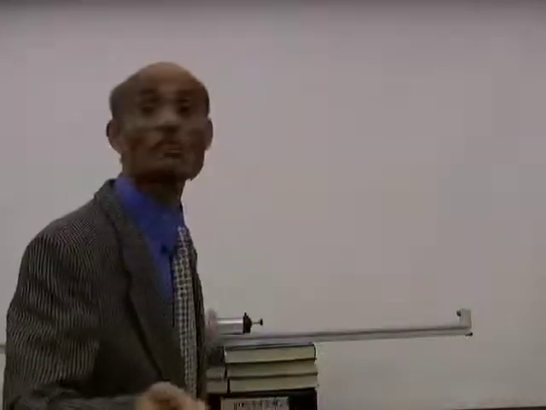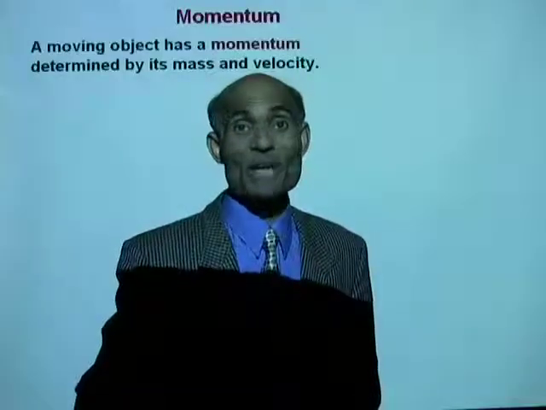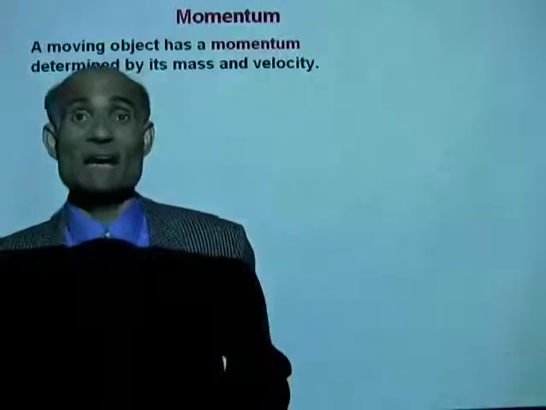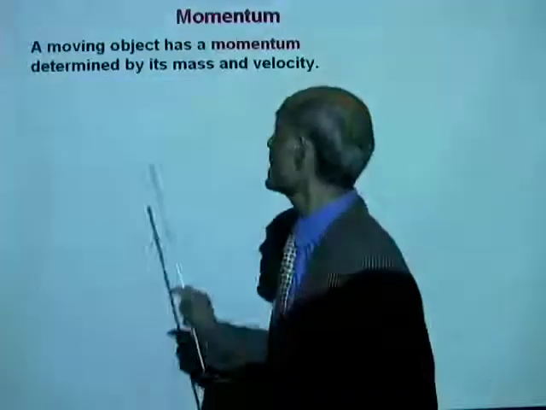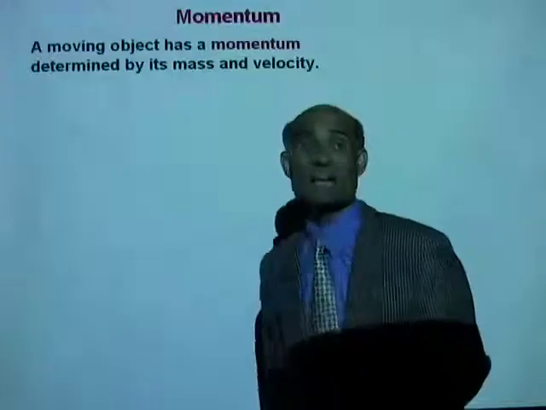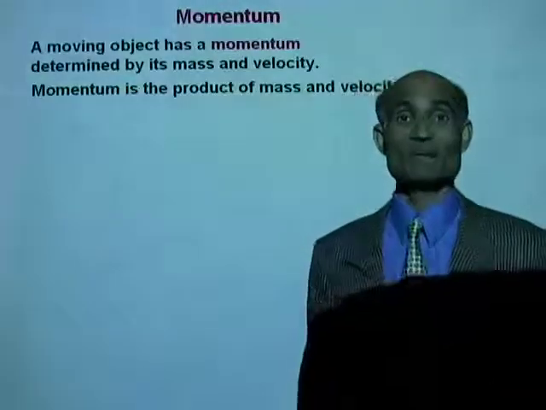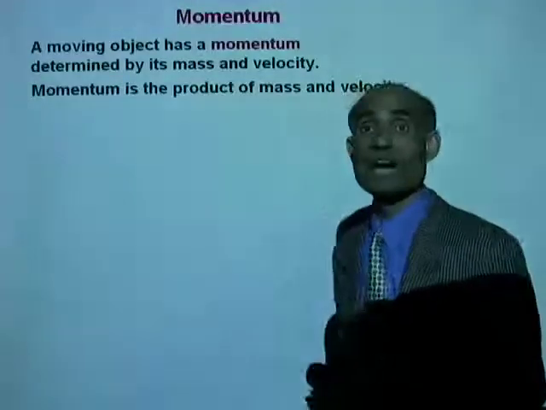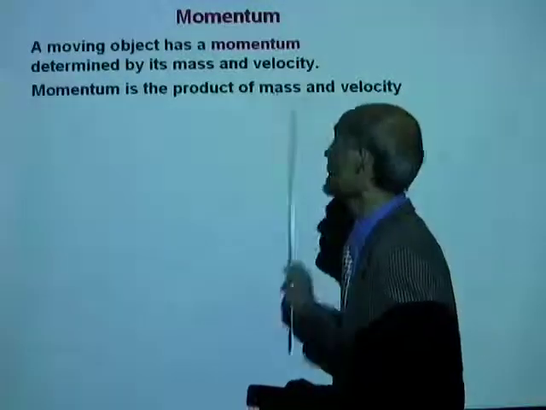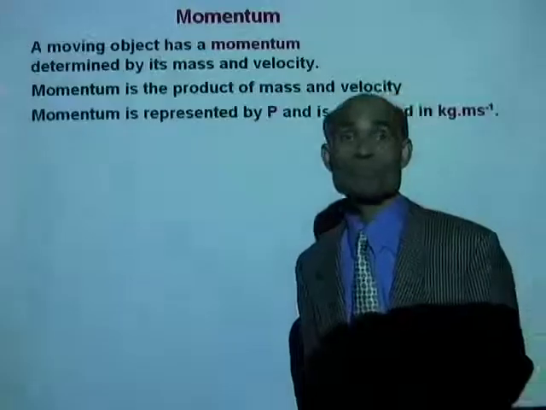All right, let's put this in. So, a moving object has a momentum determined by its mass and velocity. And how do you measure momentum? Momentum is measured as the product of its mass and velocity.